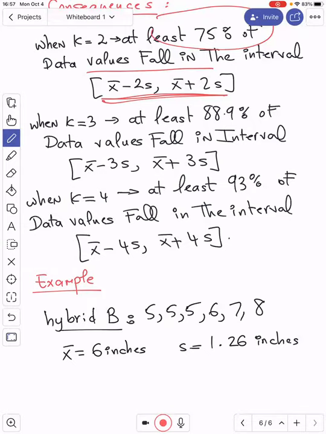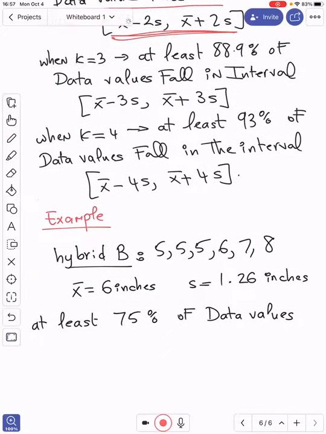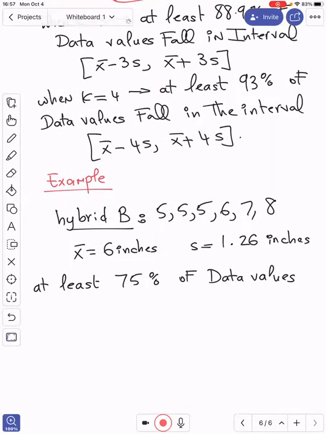So what does the theorem say in this case? We are saying at least 75% of data values. How many data values do we have? You have 6 numbers, right?